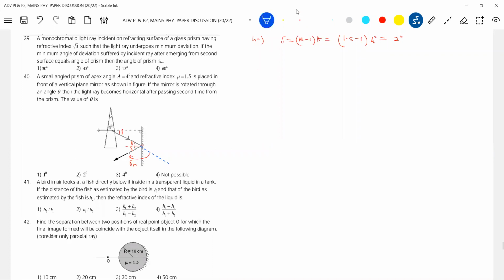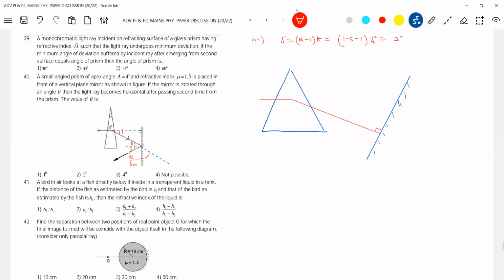I'll draw the diagram. With respect to the center of the prism, we'll take it.